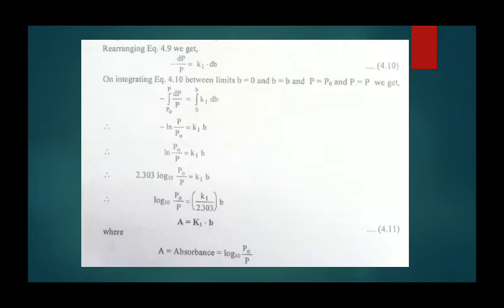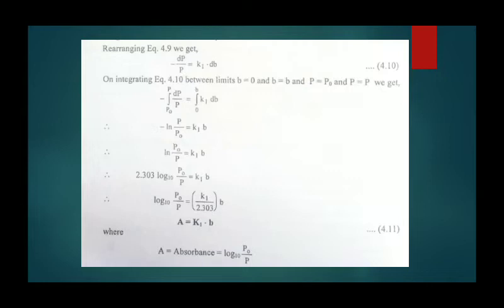Now, integrating the equation between the proper limits, we integrate dP upon P between the limits P0 to P, and K1 dB between the limits 0 to B. On integration, it comes out to be minus ln P upon P0 is equal to K1 into B, or, in order to eliminate the minus sign, it can be inverted. Therefore it becomes ln P0 upon P is equal to K1 into B.